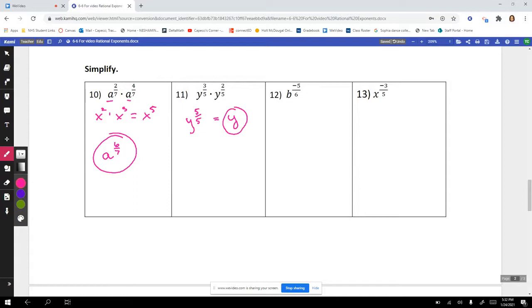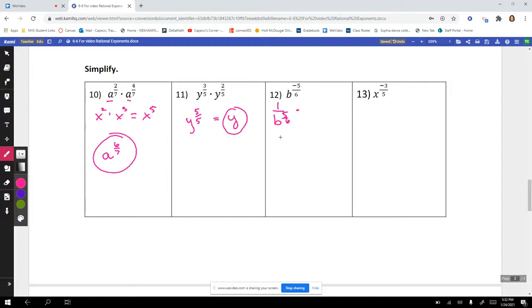Okay, so now we're going to start working with negative exponents. So I'm going to move that to the other side of the dividing line, and my power becomes positive. Now, I cannot have a fraction as a power in my denominator, so I need to get rid of that, okay? If I could have 6 over 6, that would be b to the first, which is allowed, right?